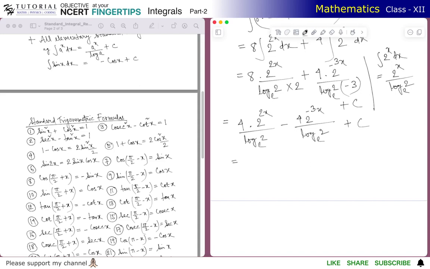We can take out 4 by log e 2 as a common factor, and it becomes 2 to the power 2x minus 2 to the power minus 3x by 3. This is 4 and this is minus 4 by 3, so if we take 4 common, we have this by 3.